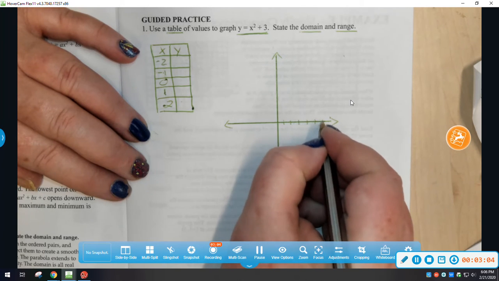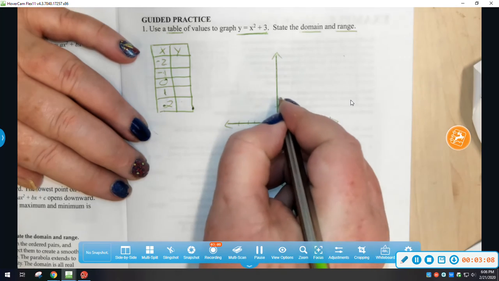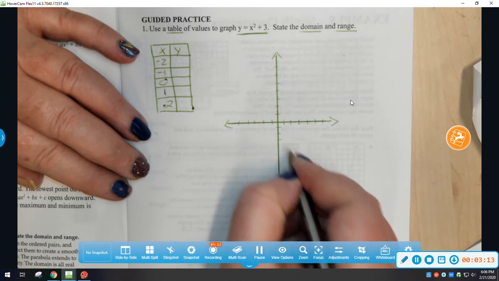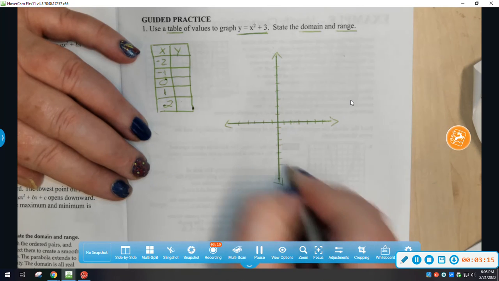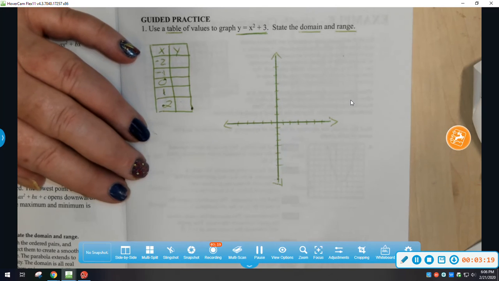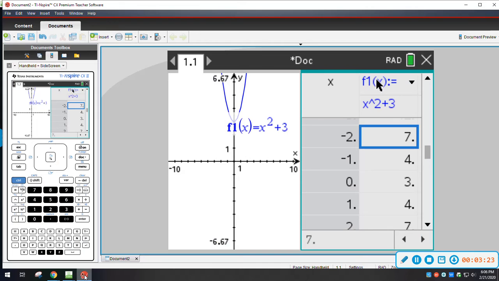Tick off. Tick off. This doesn't need to be super precise. This is just to give us an idea of what it looks like so we can figure out our domain and range.